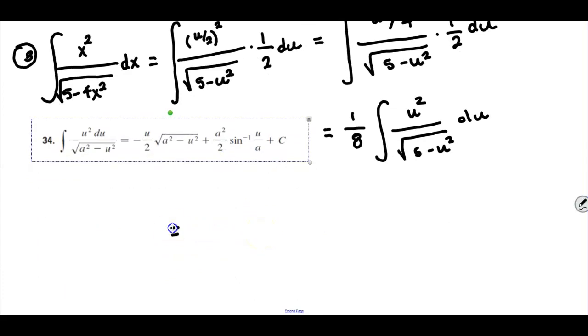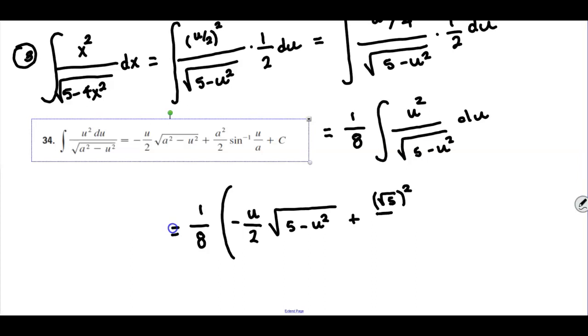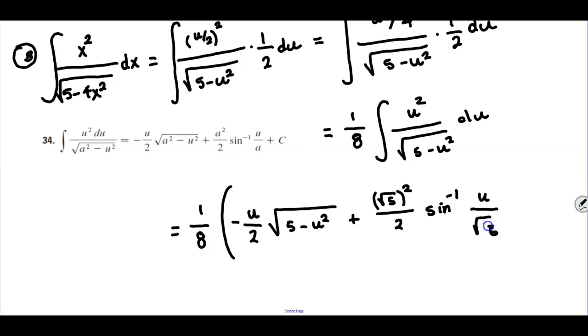So now what this is going to equal is 1/8 times negative u over 2 times the square root of 5 minus u squared plus, if we look at the a squared, that means we got the square root of 5 squared over 2 times sine inverse of u over the square root of 5, and that entire thing is plus c.